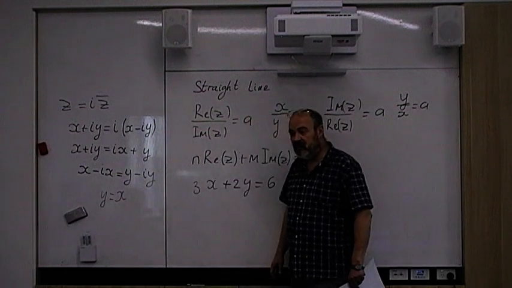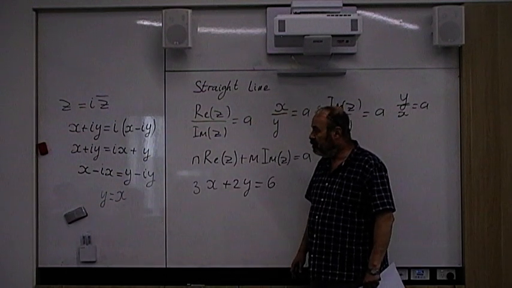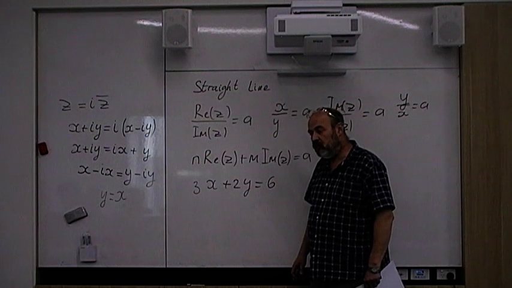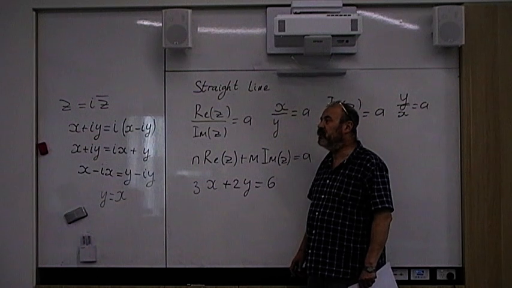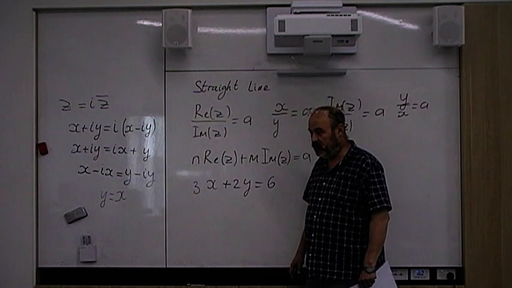Is it the inverse on the Argand diagram? Wouldn't that just be constant? We're not doing functions of the complex variable. This is another thing.